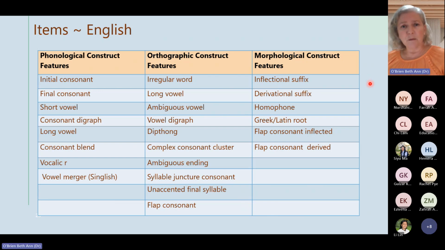And then for morphological features, we had words that were missing their inflectional or derivational suffix, or that would have a homophone that might be confusable in terms of having the same sound but being spelled differently. Also some difference in the types of roots that were presented.